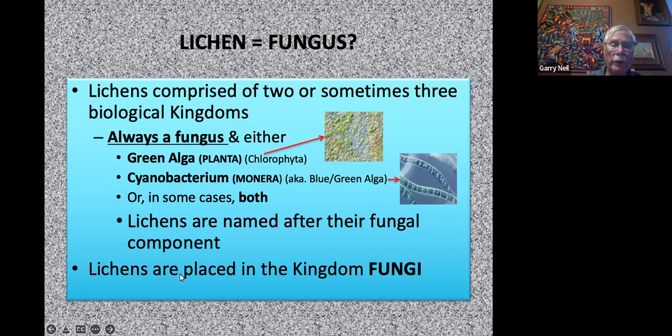Lichens themselves are placed in the kingdom Fungi, emphasizing the importance of the fungus in housing either the green alga or the blue-green alga or cyanobacterium, or in some cases both.